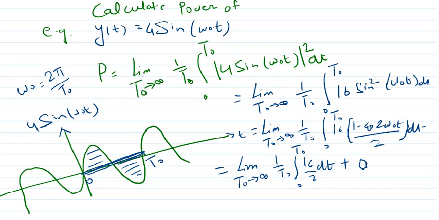if we integrate any sinusoidal signal for one complete cycle, what will we get? Let me write the final answer, then I will explain why the second term is 0. Let us write it on a separate page.